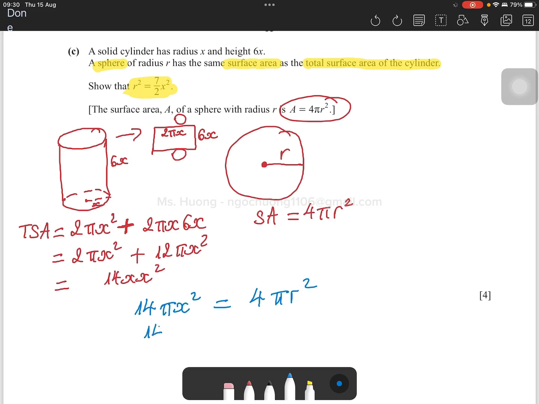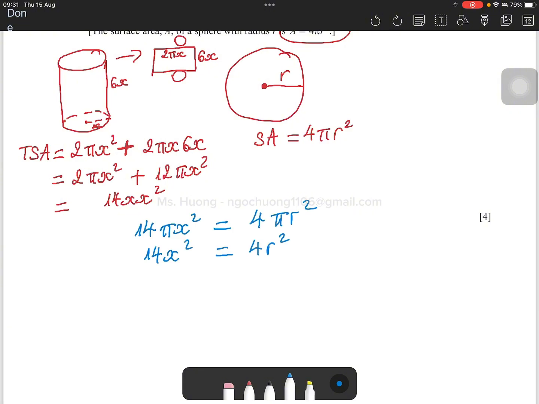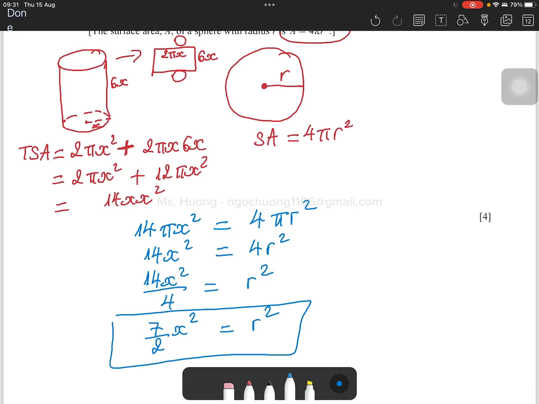We cancel pi and pi, so we have 14x squared equals 4r squared. So now I will divide both sides by 4. So 14x squared over 4 is equal to r squared. 14 over 4 means 7 over 2. 7 over 2 x squared equals r squared. This is what we want to prove.